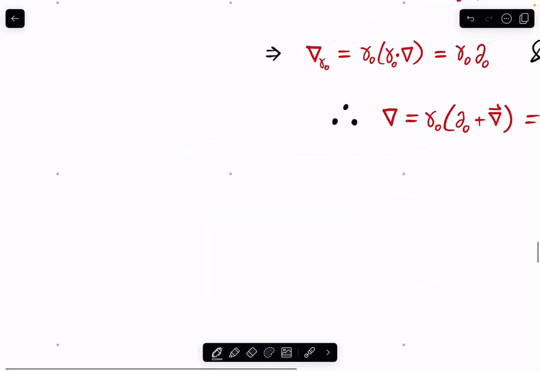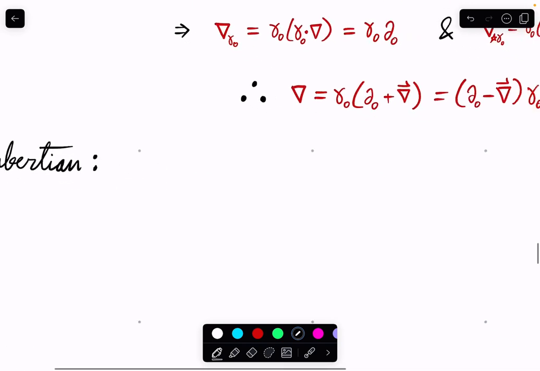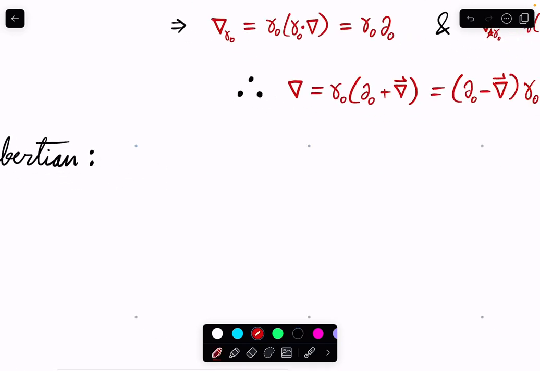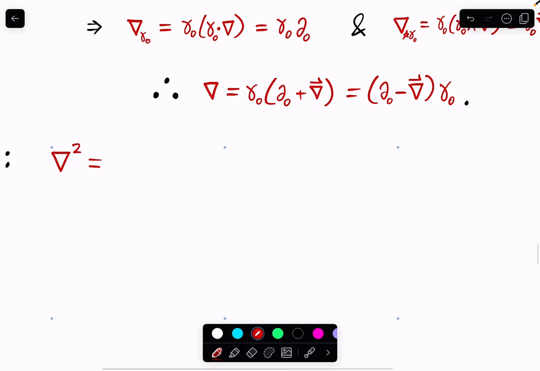And so then we can look at the D'Alembertian, which is defined as the square of the 4 gradient, but we can just multiply these two forms together because they're equal to each other.